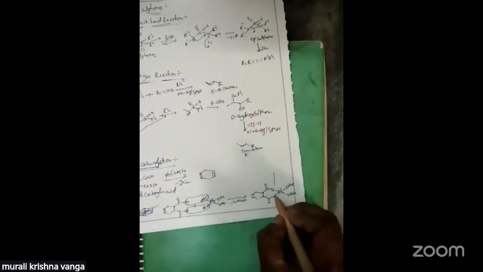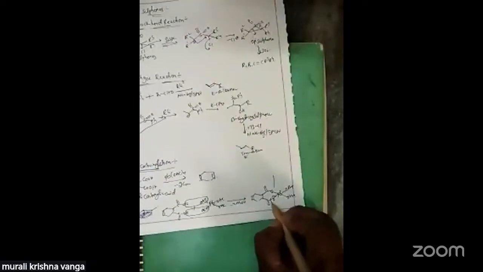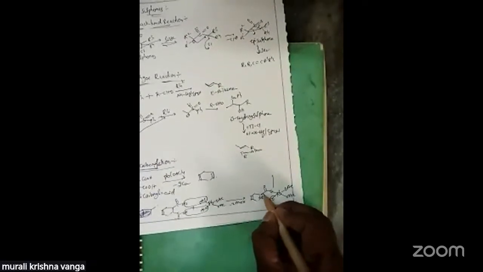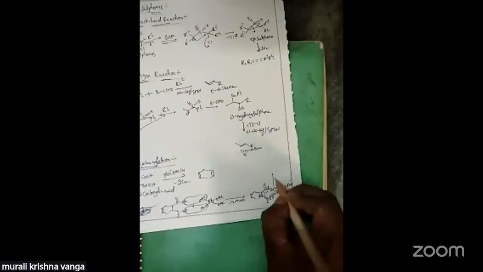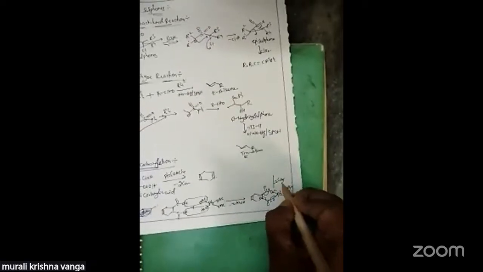This cyclic ester undergoes elimination of two carbon dioxides at a time, and the alkene product is formed.